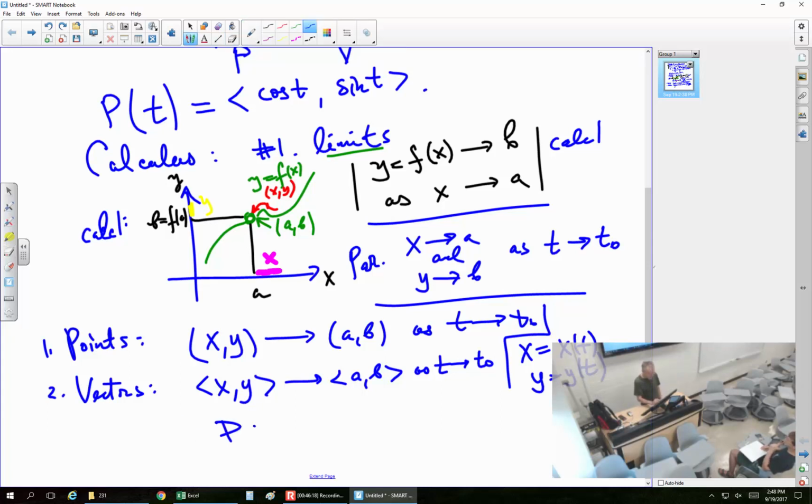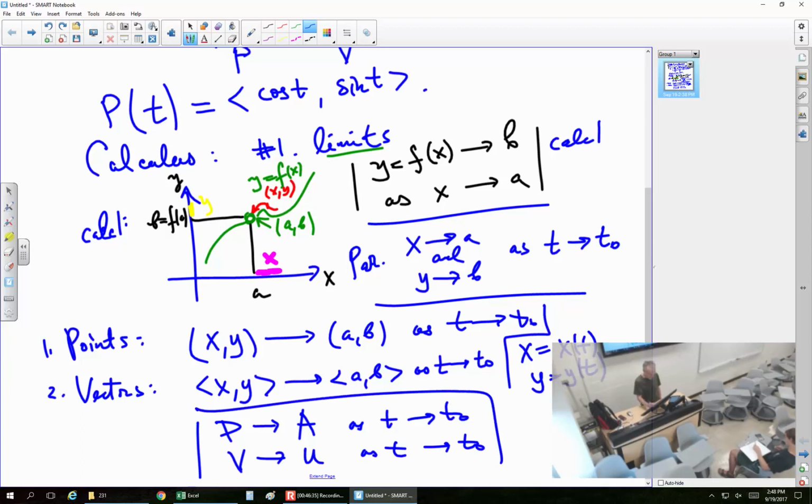So I'm saying that P is approaching, say, A as t approaches t naught, or if we prefer vectors, V is approaching vector A, or whatever the name of it is, as t approaches t naught. This is preferable because now we have abandoned the idea that there must be a Cartesian system there to begin with. Instead, we are just speaking of points and vectors as if they exist independently.